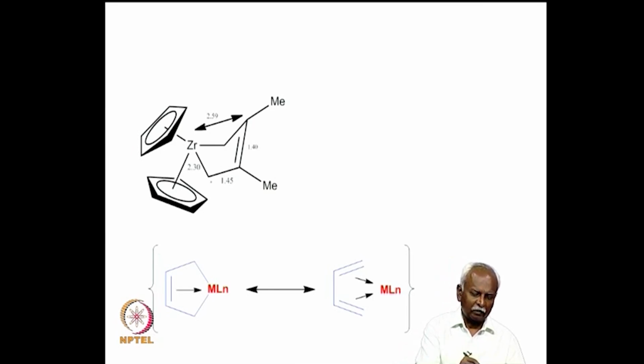So, here is the butadiene, this is C1, this is C2, C3 and C4. So, these are the 4 carbons which are interacting with the zirconium, and you will notice that earlier the 4 carbons were interacting equally with the metal atom.